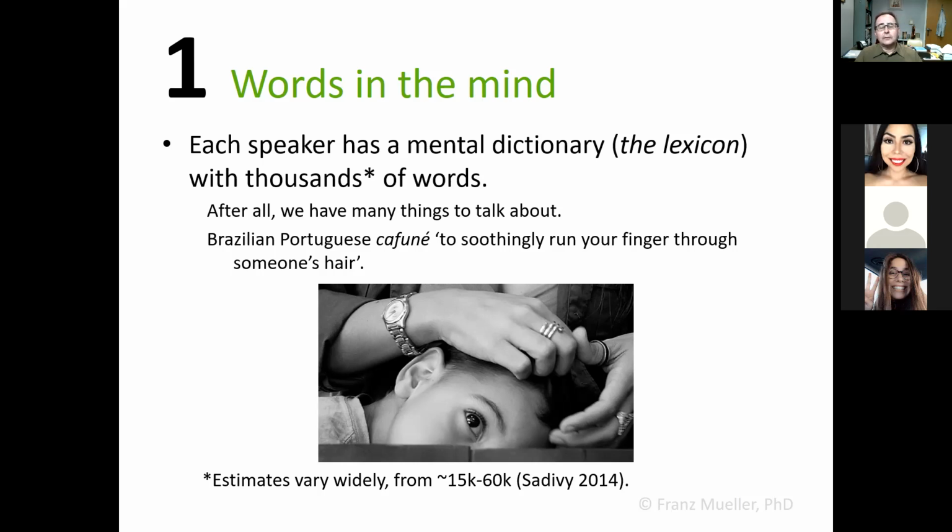If they're 18 years old, that means they've been speaking the language for 17 years, because normally you learn your first word when you're about a year old, about your first birthday, give or take a few months, right? And so for 17 years, that person has been learning the language and has ended up knowing tens of thousands of words. These are, by the way, very conservative estimates.